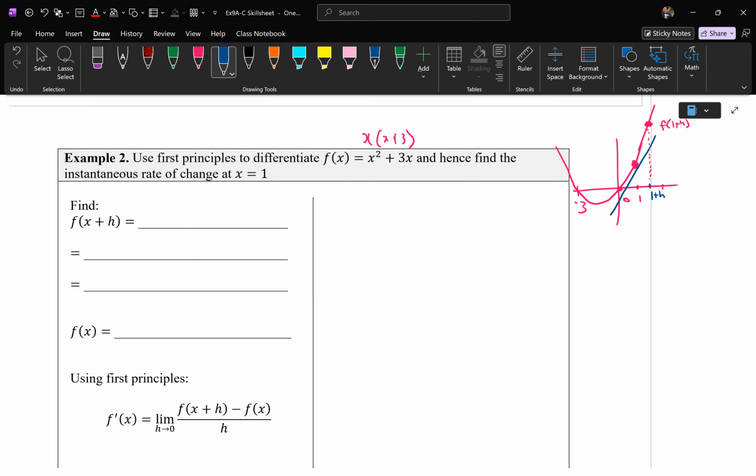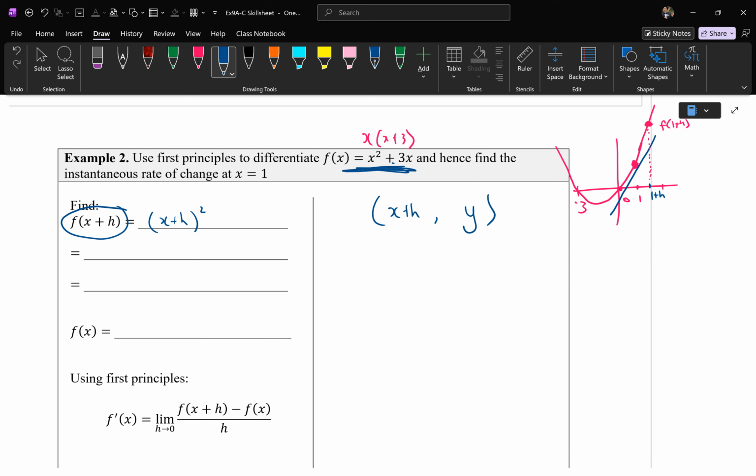So here we go. This is my equation. If x was x plus h, what I'm asking is, how do you find the y value? To find the y value, you sub in x into the equation. That's what f of x plus h is. So I'm going to sub it into the equation. Instead of x squared, I now have x plus h squared.